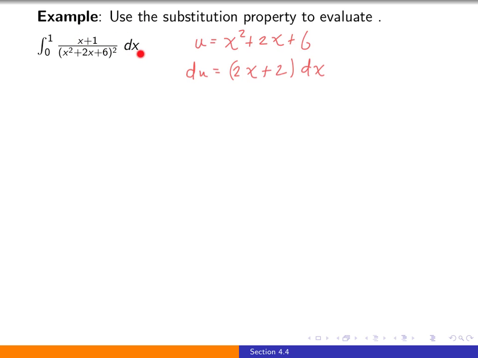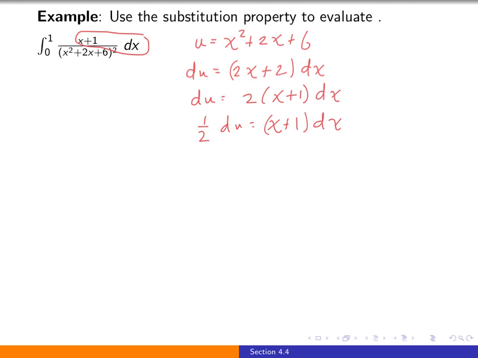But what we do have in our integrand is this x plus 1 multiplied by dx. If I simplify a bit, this would be du equals 2 times x plus 1 dx. So 1/2 du is x plus 1 dx.